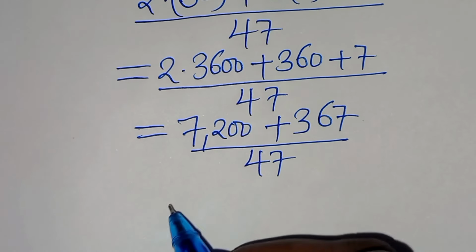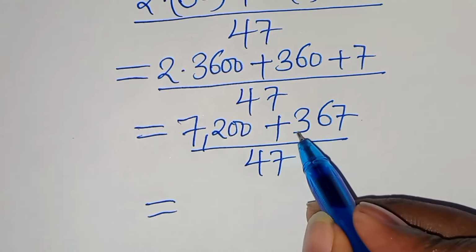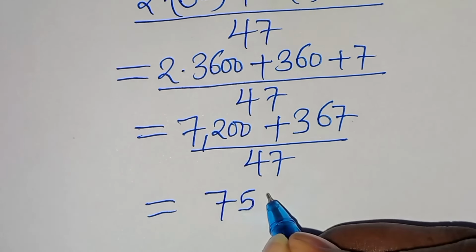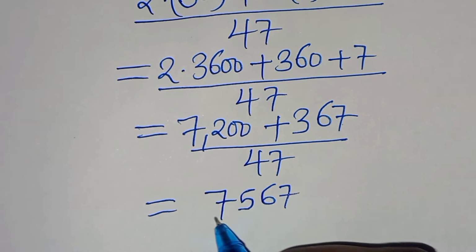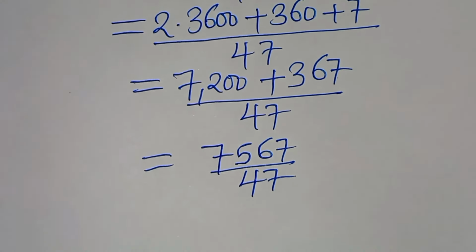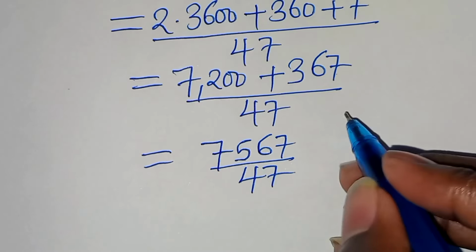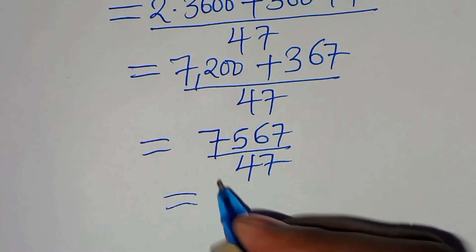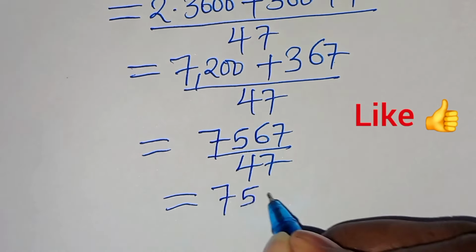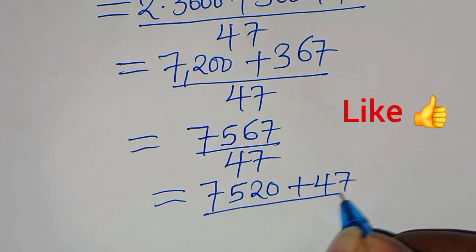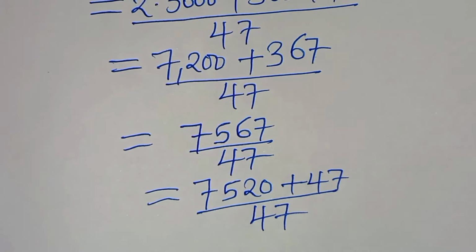So now, the next step is that 7,200 plus 367 is equal to 7567 divided by 47. Now, from here, we can express 7567 as the same thing as 7520 plus 47, divided by 47.